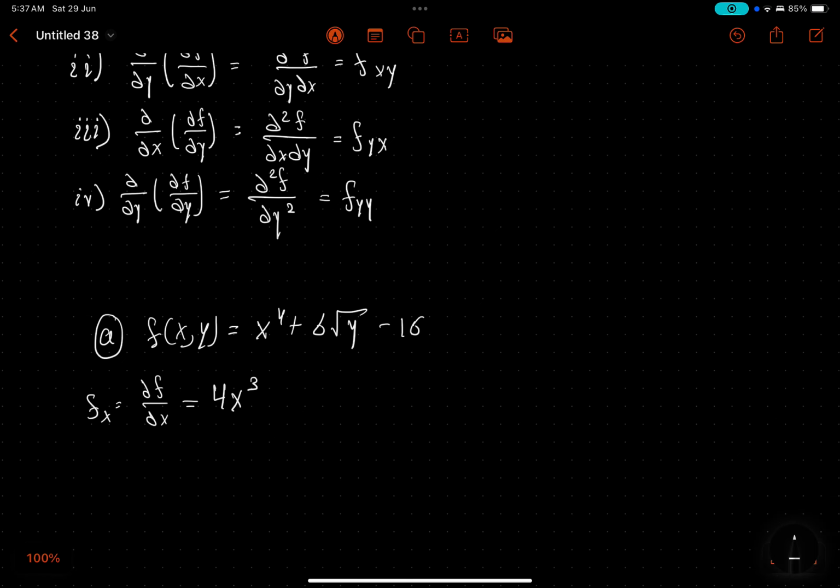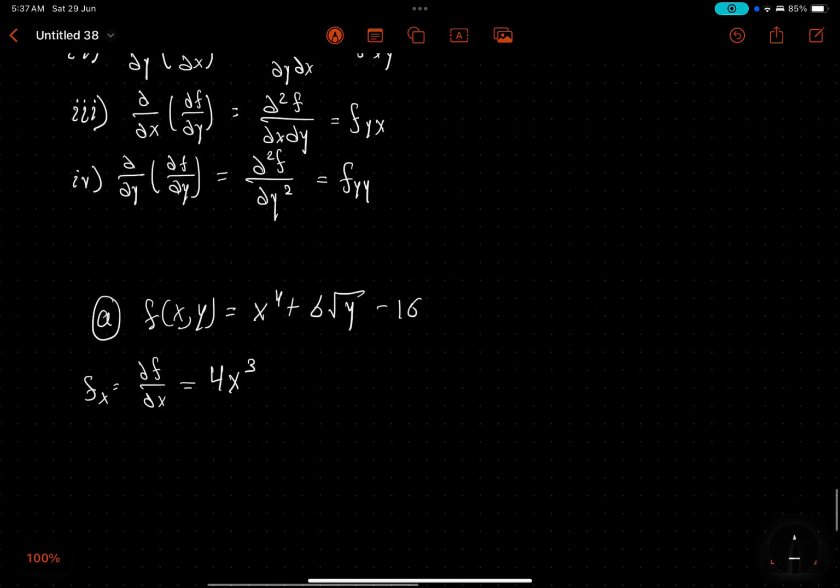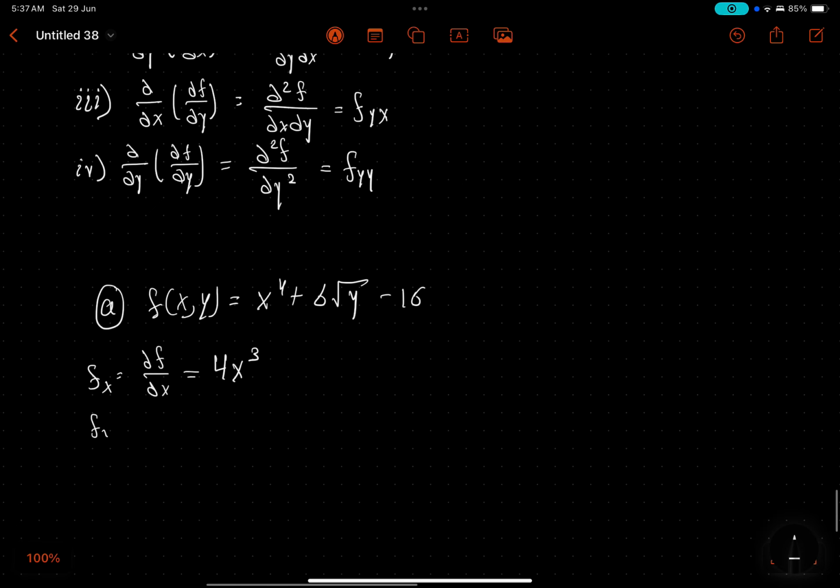Then we can also find the partial derivative of f with respect to y.